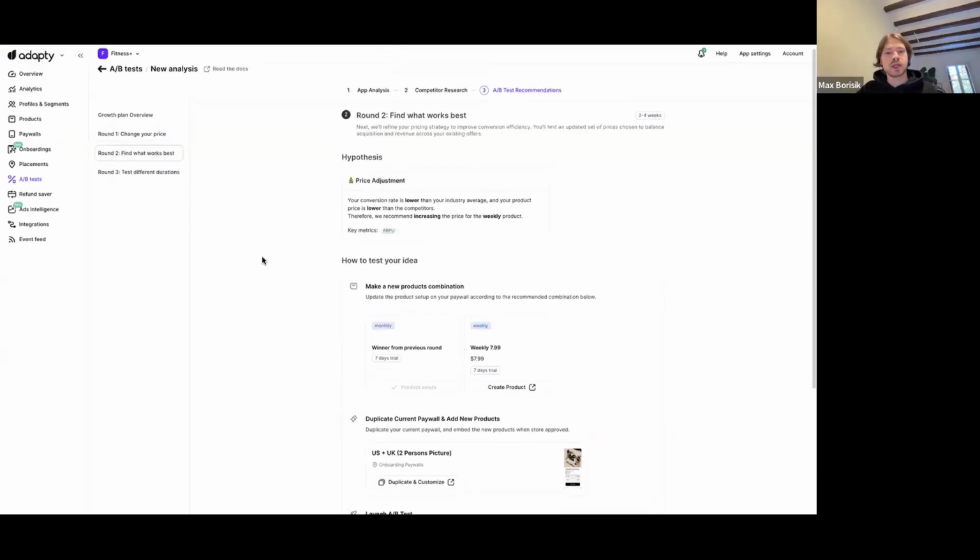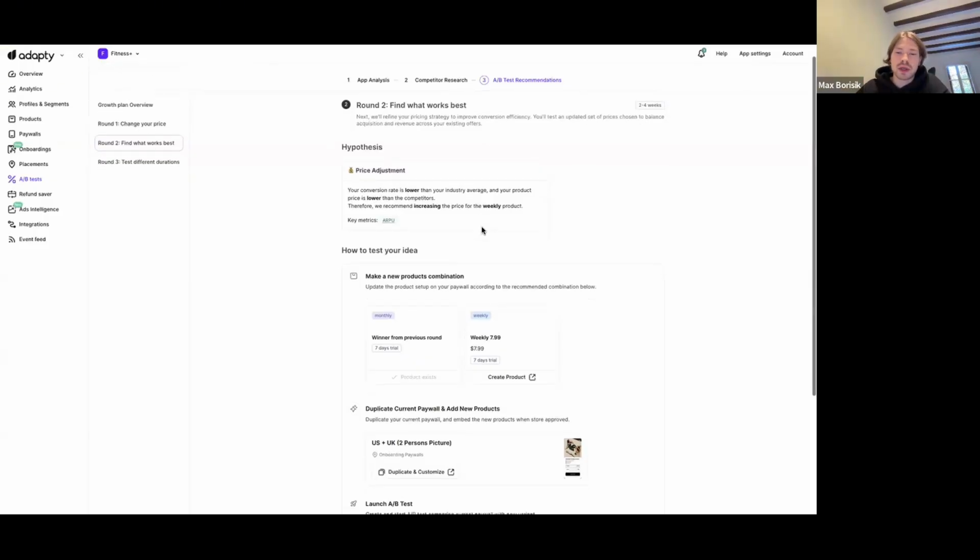So here, for example, in the second round, the second hypothesis is to try increasing the weekly product, just because we see that we have a price lower than the competitors, who had a higher weekly price, and also the conversion rate is lower, but as we understood, it's not that bad.